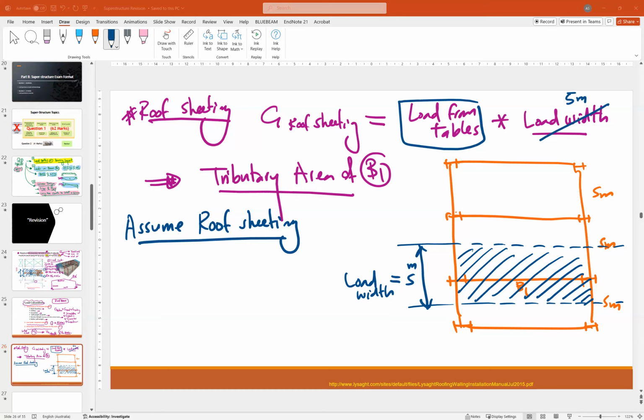Okay. So for example, just try to find the sheeting file.